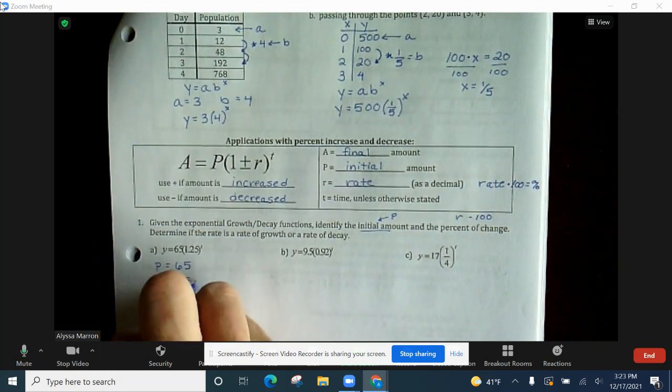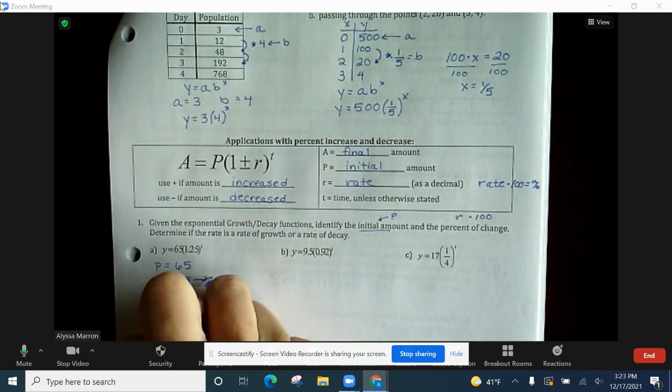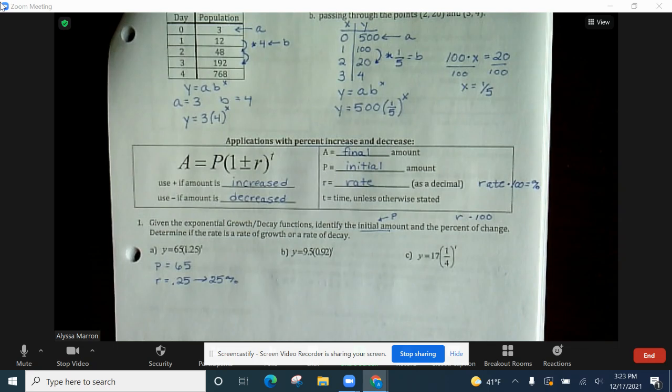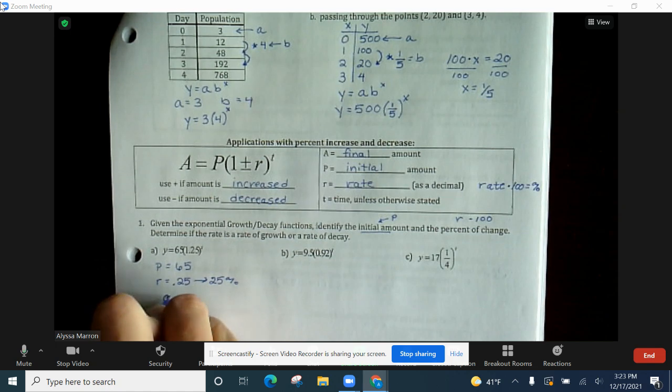But again, it did ask for the percent of change. So I'm multiplying that by 100 to get 25%. Last, to establish if this is growth or decay, just like we did previously, it's just looking at, is this number greater than 1 or is it less than 1? Since that value is greater than 1, we have a growth function.